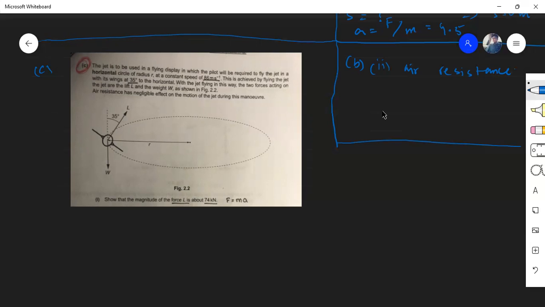The jet is used in a flying display in which the pilot is required to fly the jet in a horizontal circle of radius r at a constant speed of 86 meters per second.